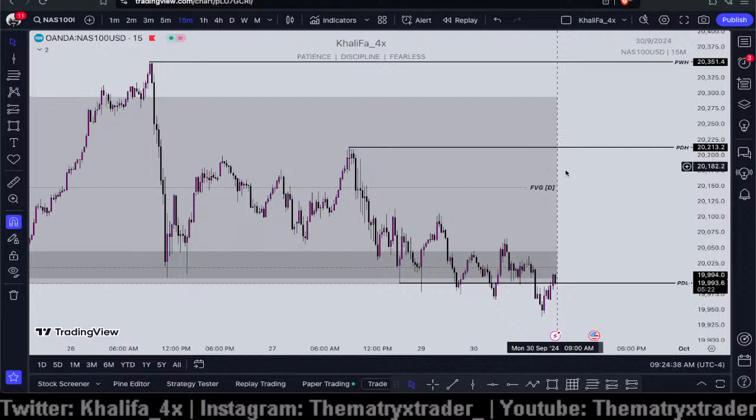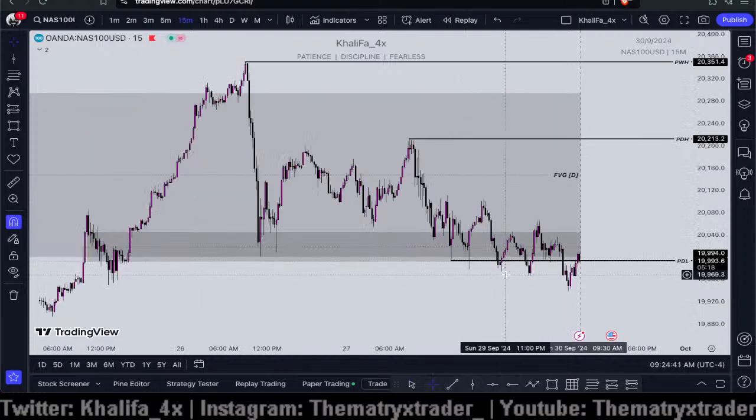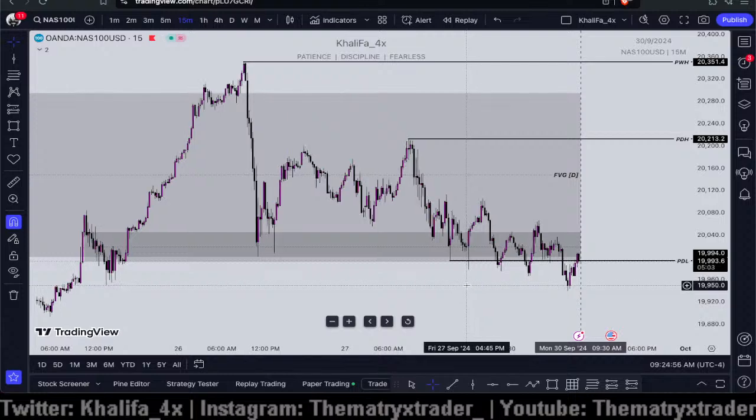Now if you see this, we actually have cut all the sell side, and this is acting as a stop hunt. You see that it took out all the sell side already.